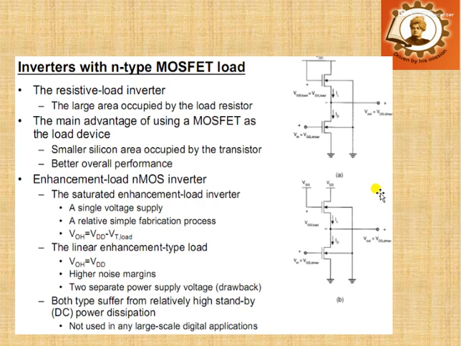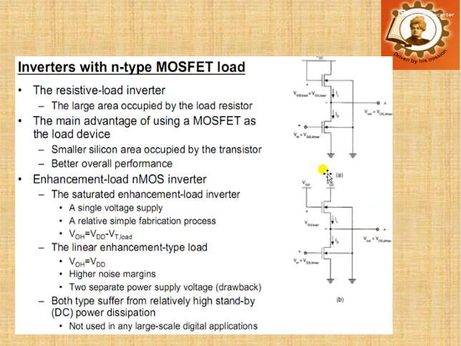When Vin is 0, the output is not exactly VDD but VDD minus VTH. If two different power supplies are connected, then the gate voltage is controlled so that the pull-up MOS will be in the linear region, so that Vout will be VDD.